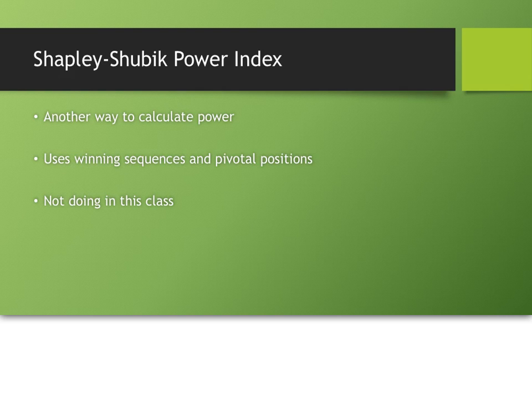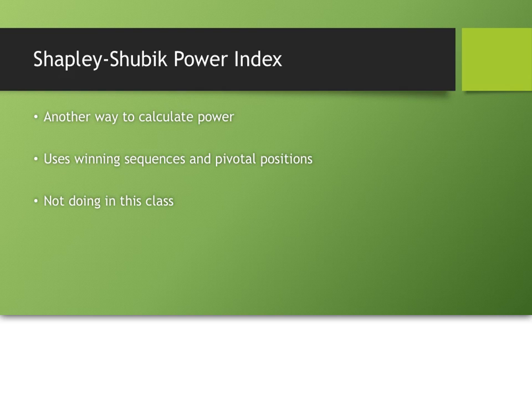All right, you will get slightly different numbers, and that's because sometimes power is a little bit subjective. All right, whether somebody was a critical player in a winning coalition isn't what we're looking at with the Shapley-Shubik. This uses winning sequences and pivotal positions.